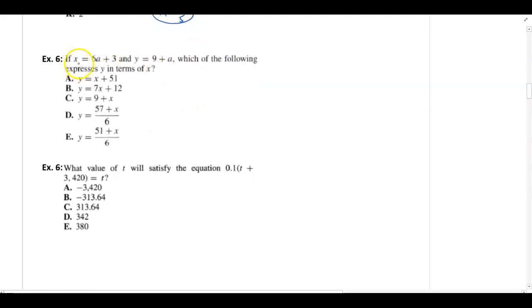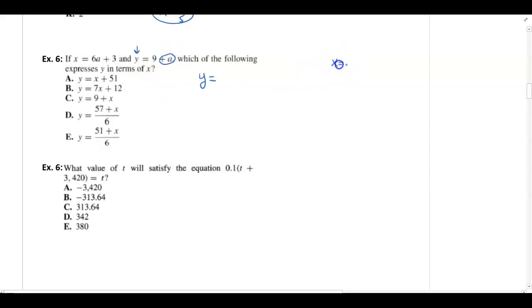Next, example 6. x equals 6a plus 3, y equals 9 plus a. Which of the following expresses y in terms of x? We need this to be y equals something with x, right? Now, my goal is, if I look at where y is, I have y by itself here. So what I have to do is find what to substitute in for a.